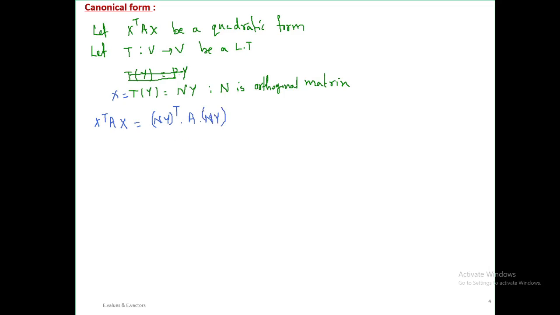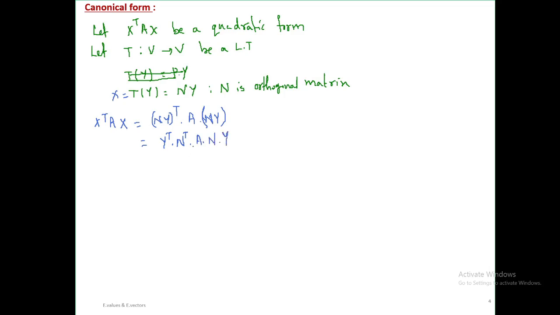Let us modify this. By using properties of transpose, y will come first: y transpose into N transpose into A into N into y.